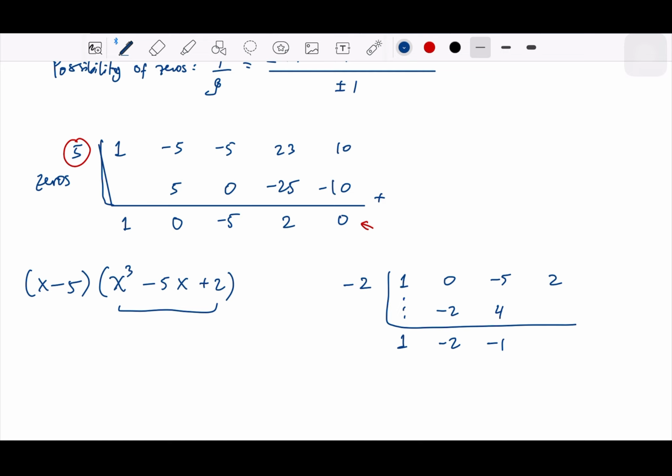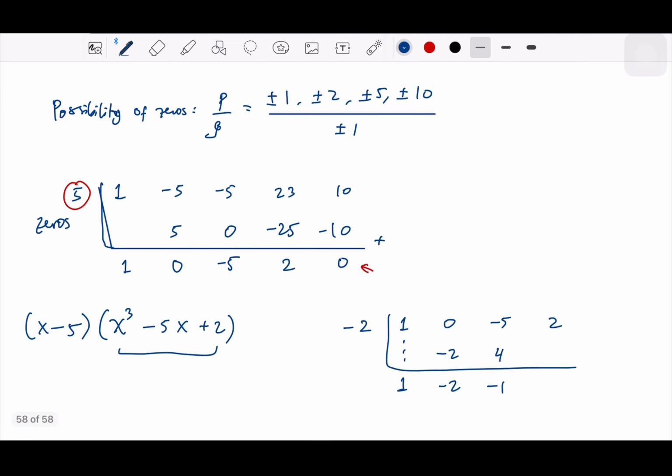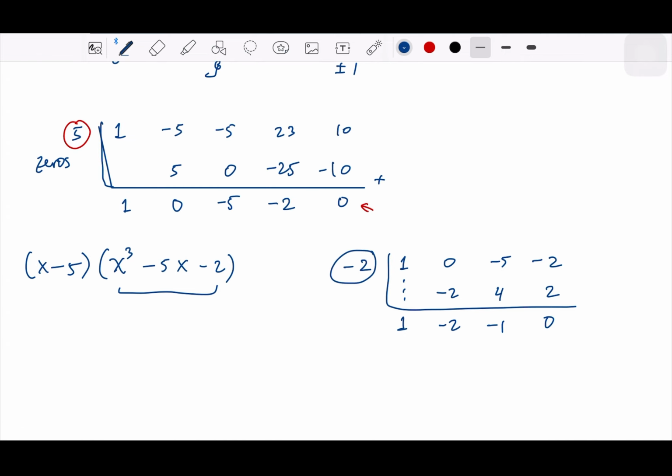Oh, wait. I think I made a mistake here. Let me check. This is supposed to be negative. Okay, sorry. It's supposed to be negative. So this will be 0. So negative 2 also zeros. So x minus 5, x plus 2. Okay, this is the equation now.